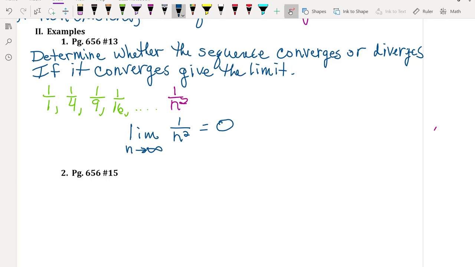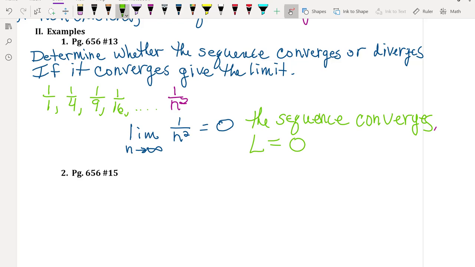So the limit is going to go to 0. This is like looking at your horizontal asymptote. So we know now that the sequence converges because it's a real number. 0 is a real number. And we know that that limit is 0.